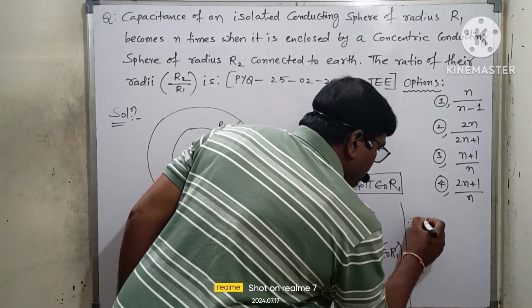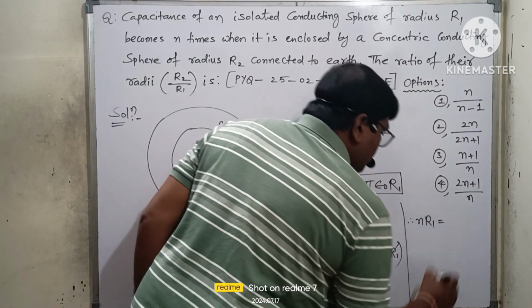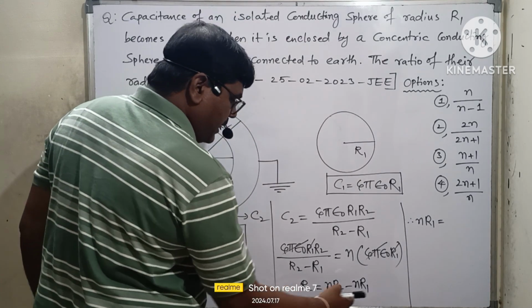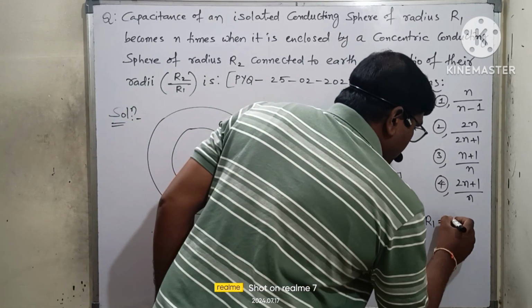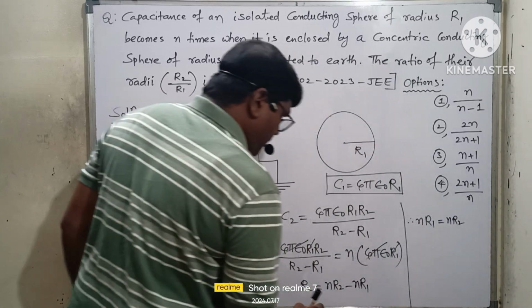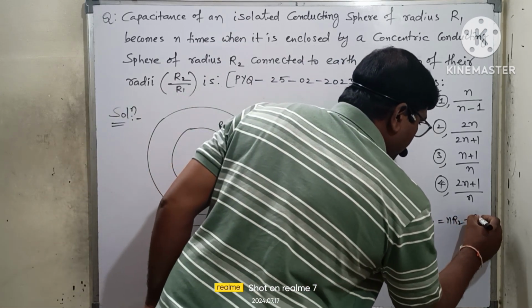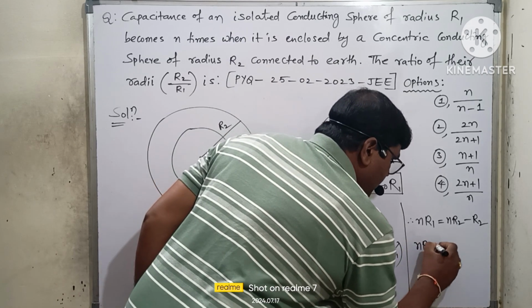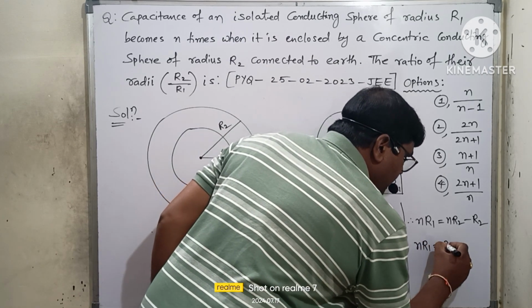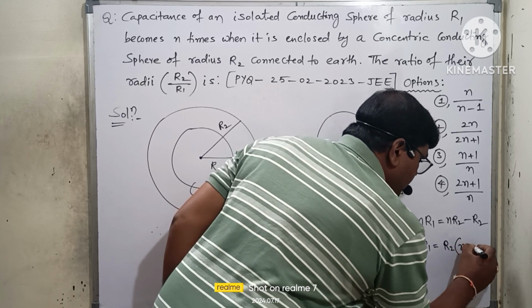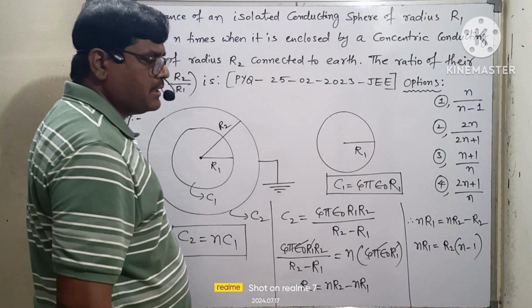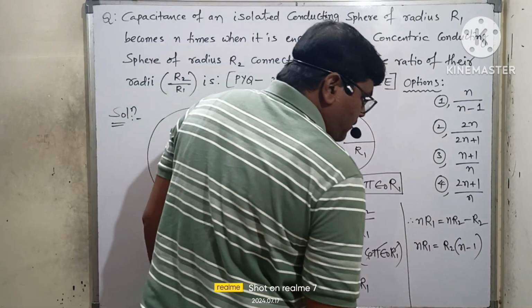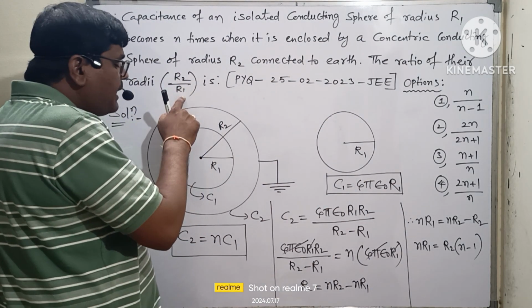So nR1 is equal to nR2 minus R2. So nR1 is equal to, taking R2 common, R2 into (n minus 1). We just have to find R2 by R1 only.